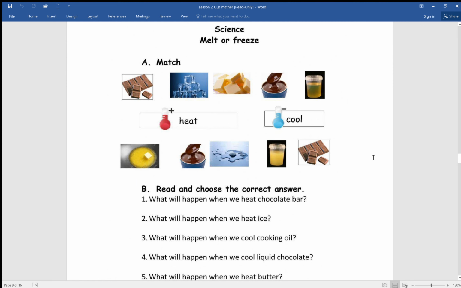So, what happens when we heat a chocolate bar? Sorry for the bad grammar. But what will happen if we heat the chocolate bar? Can you guess what happens? Yes, correct. It melts into hot chocolate. Not really hot chocolate, but liquid chocolate.